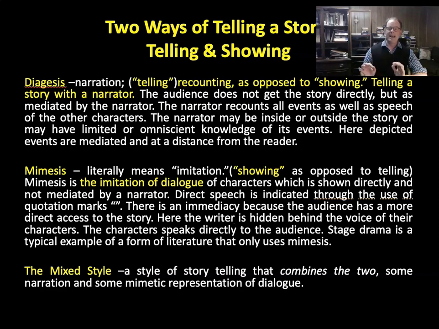When you narrate a story, you're using diegesis. What does it mean to narrate? It means a third-party character tells about what happened to other people and recounts their actions and their words potentially, right? So narration does not depict events or speech directly.